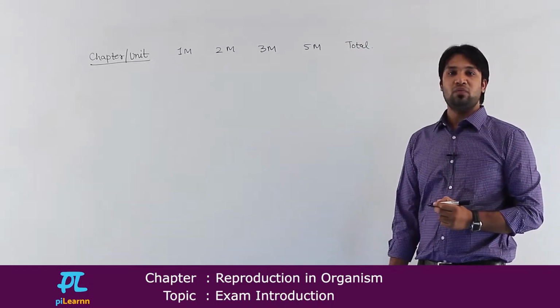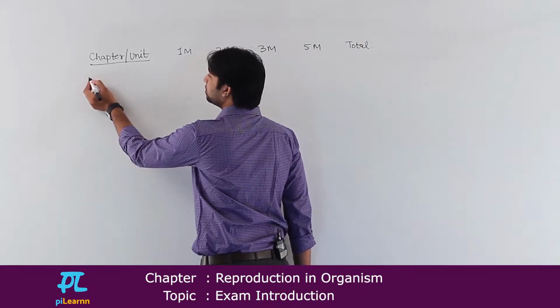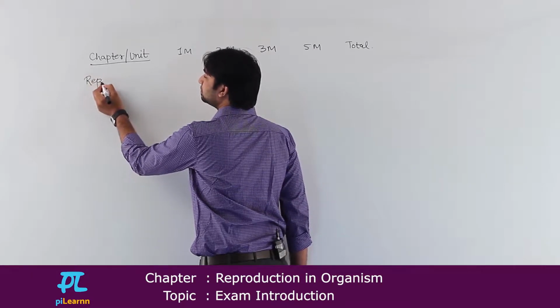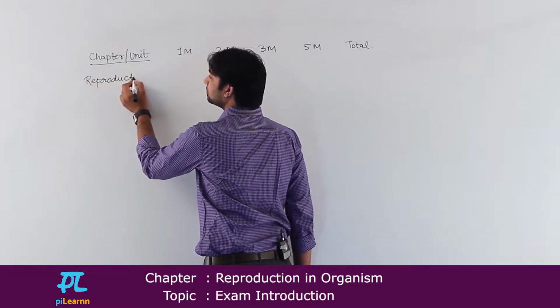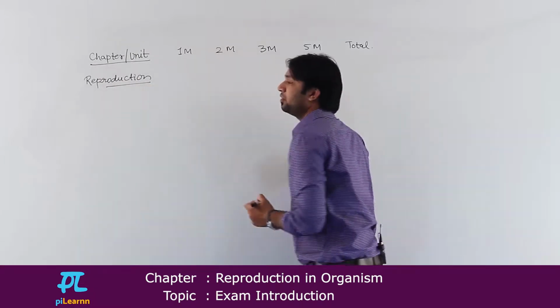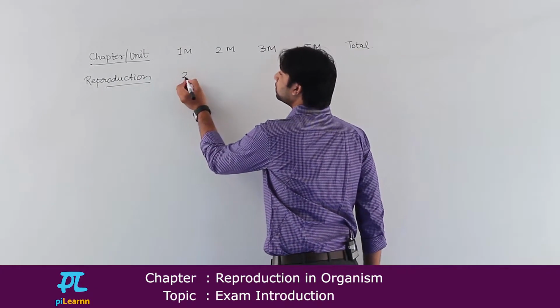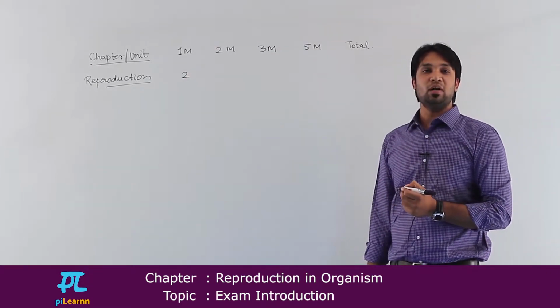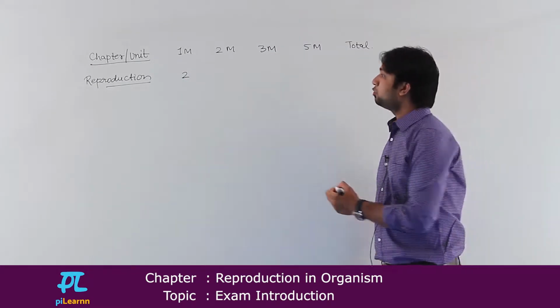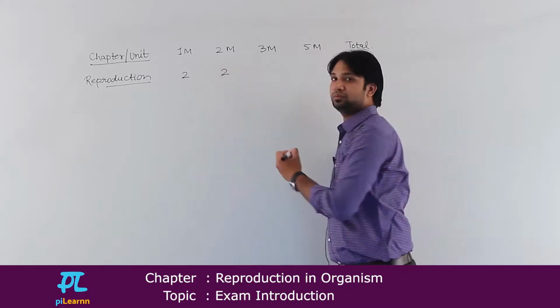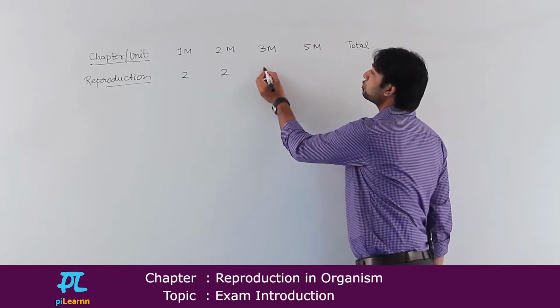Okay, so the first unit is reproduction. 1 mark questions will be 2. 2 mark questions will also be 2. 3 mark questions will also be 2.